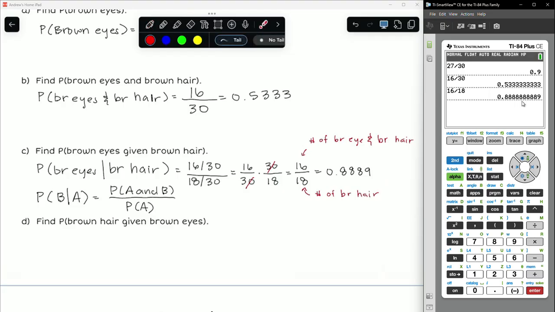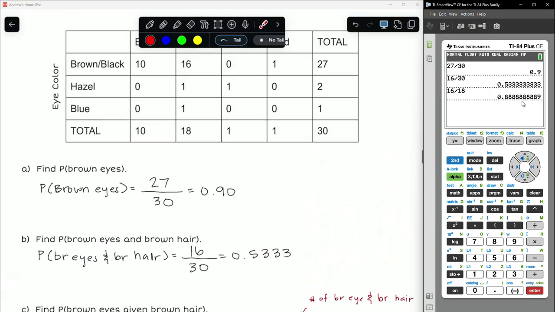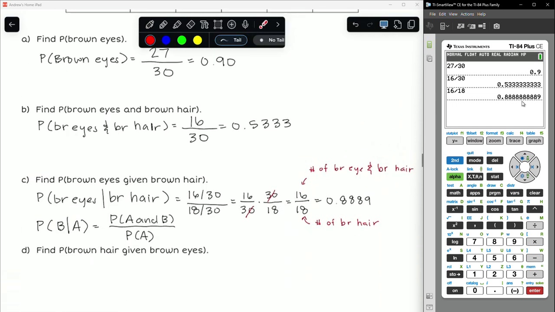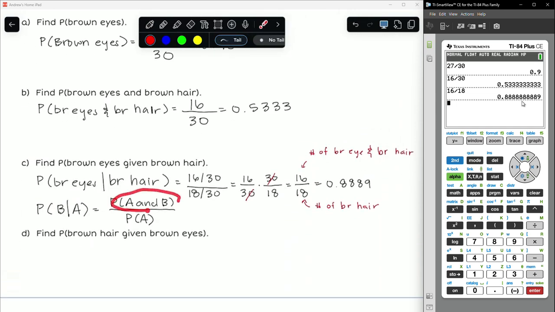So dividing by the frequency of the and, and the frequency of just the condition, gives us the same answer as dividing by the probability. So when we're doing conditional probability from a two-way table or contingency table, it's enough to just look at the frequencies. How many students were in the and, how many students had brown hair.